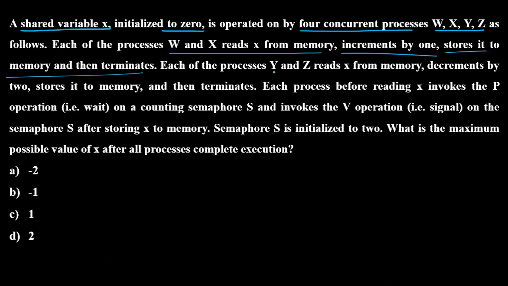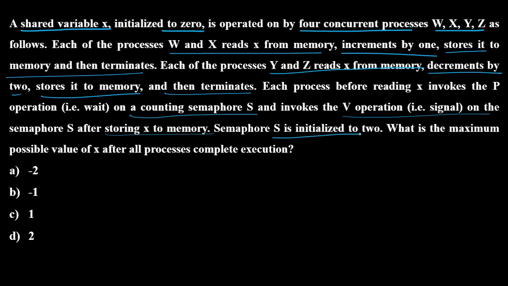Each of the processes Y and Z reads x from memory, decrements it by 2, stores it in the memory and then terminates. Each process, before reading x, invokes the P operation, that is wait, on counting semaphore S, and invokes the V operation, that is signal, on semaphore S after storing x to memory. Semaphore S is initialized to 2.